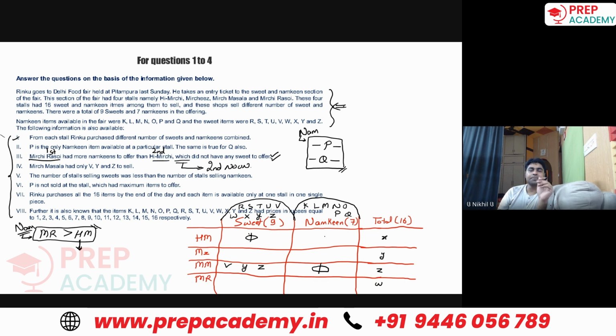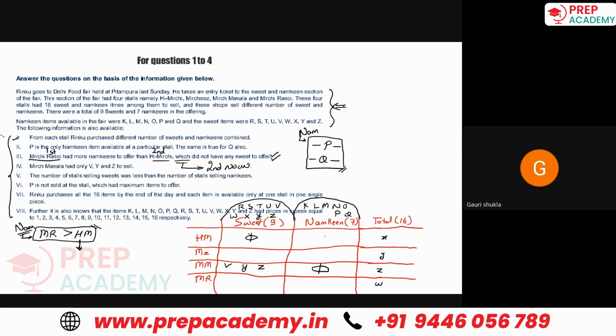So the three stalls HM, MZ, and MR will have namkeens. If P is coming here and Q is coming here, I don't know which is which, then all the other namkeen has to go to the third one because P and Q come alone only. Is it true? Yes, sir.